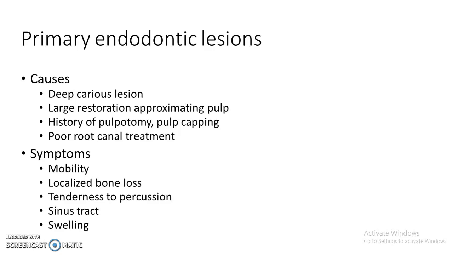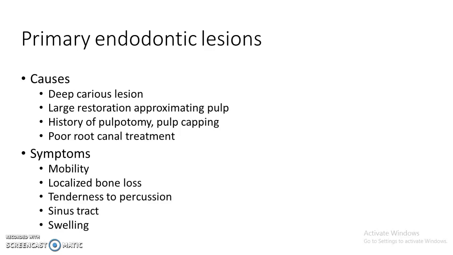In the primary endodontic lesion, the causes are deep carious lesion, deep restoration approximating pulp, history of pulpotomy, pulp capping, and poor root canal treatment. And the symptoms: mobility, localized bone loss, tenderness to percussion, sinus tract, and swelling.